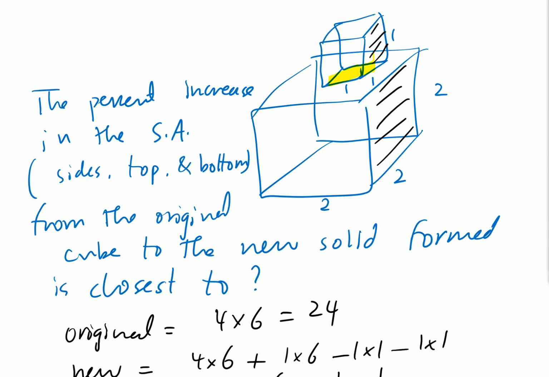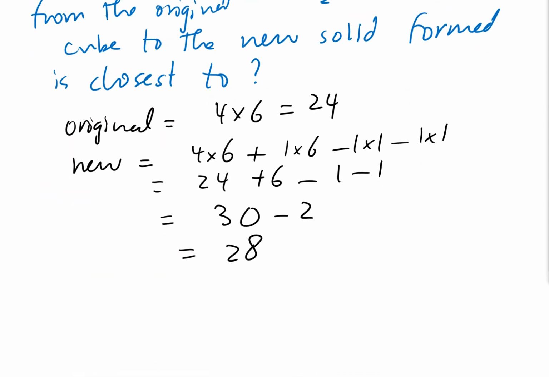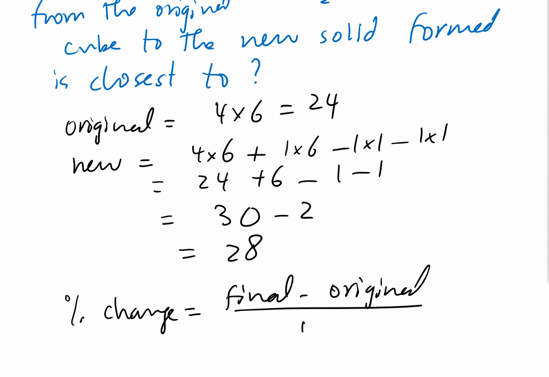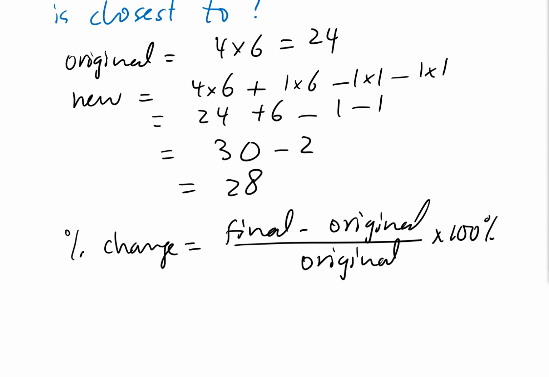So they want us to find the percent increase, or the percent change in general. How do you find the percent change? The percent change is the final minus the original, over the original, times 100%. So the final is 28, the original was 24.